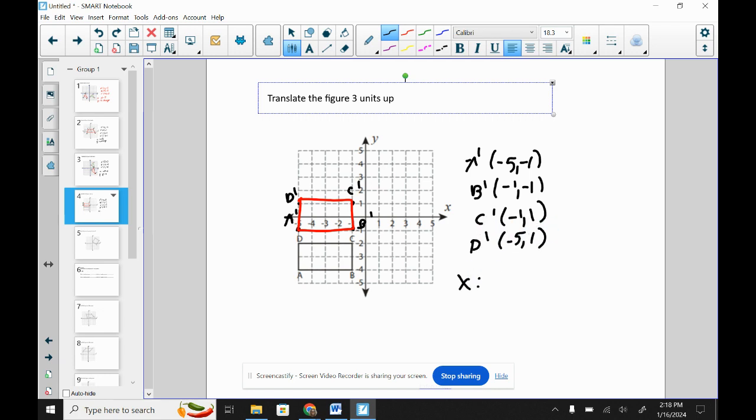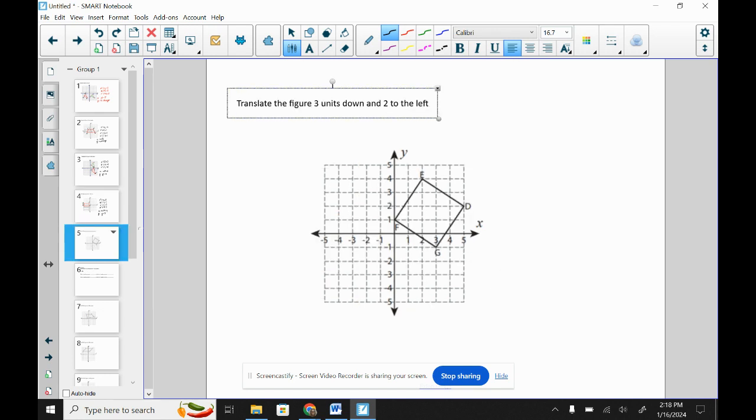What's happening to the X? Nothing. We just moved up. What's happening to the Y? We went up 3. We got bigger by 3. So we increased it by 3. Okay, let's look at another one. So this one's combining them now. So we're going 3 down and 2 to the left. So my E is here. I'm going to go 3 down, 1, 2, 3, and 2 to the left.